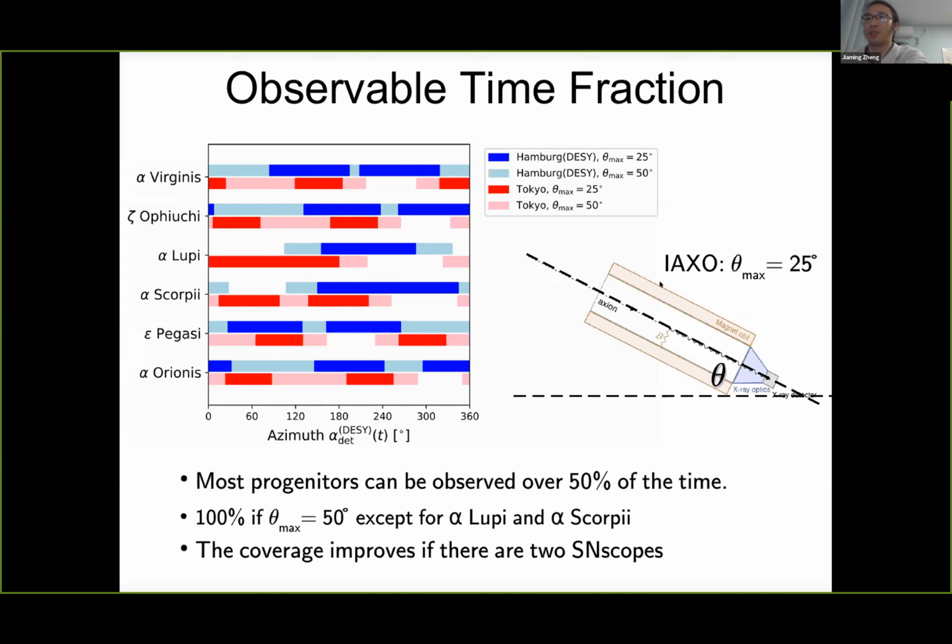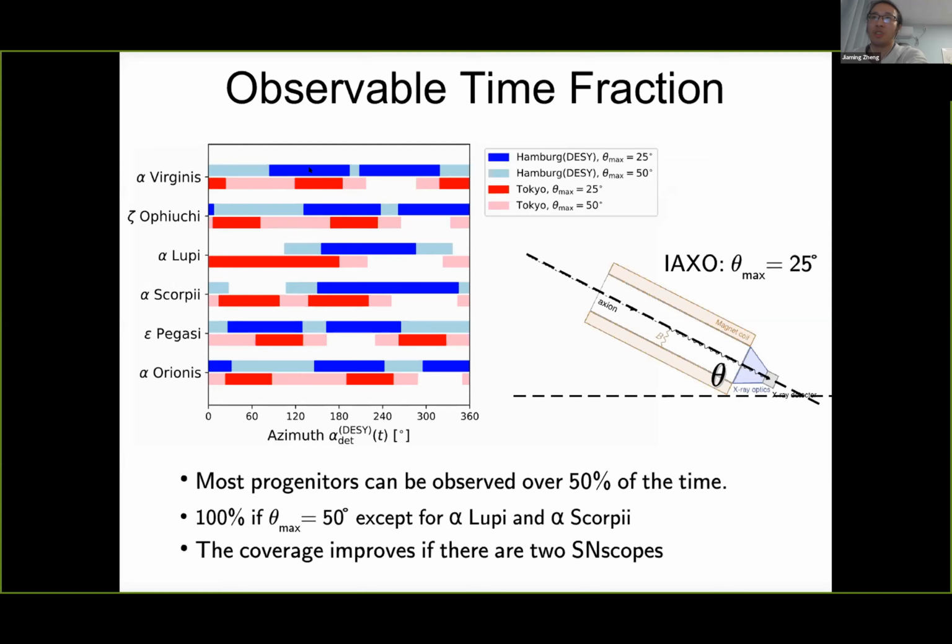Take IAXO as an example, it is only allowed to rotate up or below the horizontal direction by 25 degrees. And in this figure, we show the time window in a day where the IAXO helioscope is able to point at the supernova.